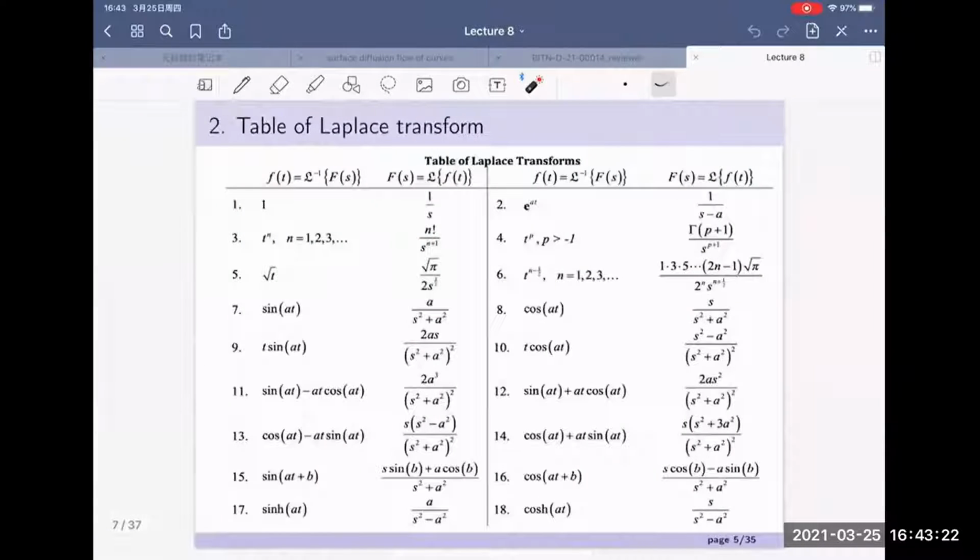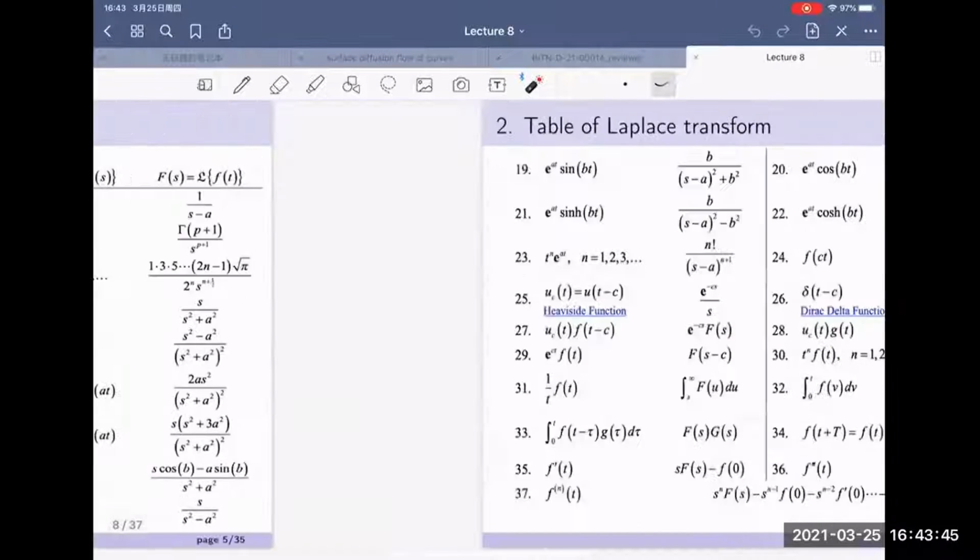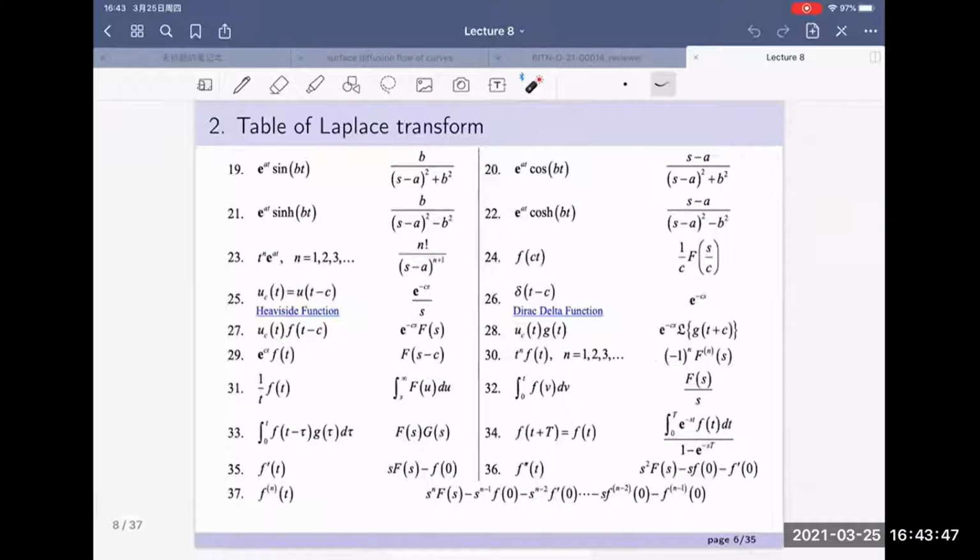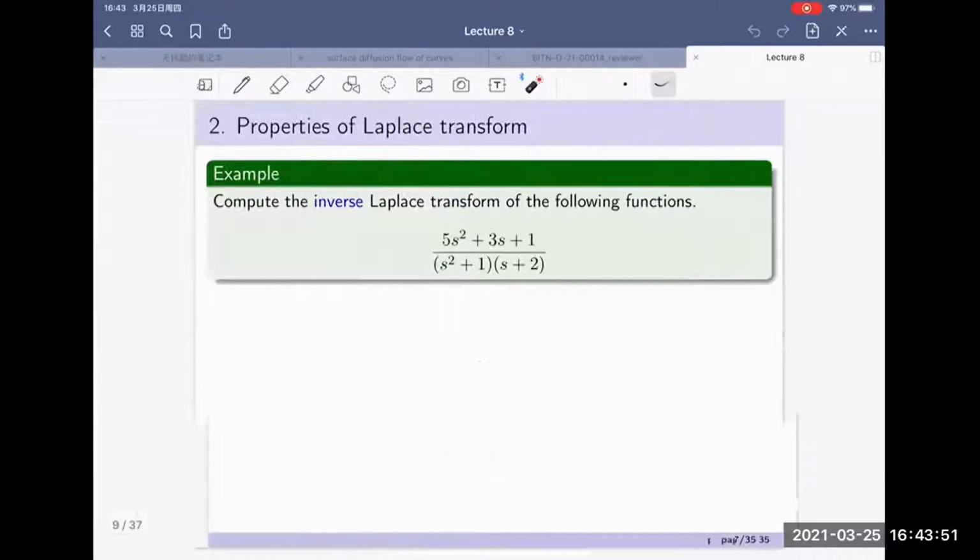So for these two simpler functions, you can find them on the table. There are many such formulas you can use.